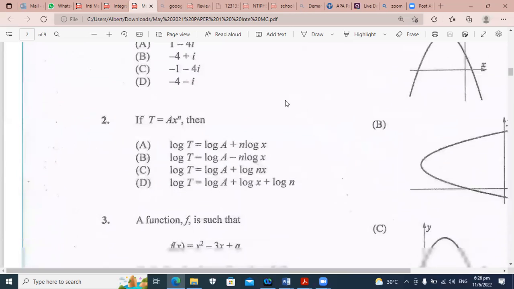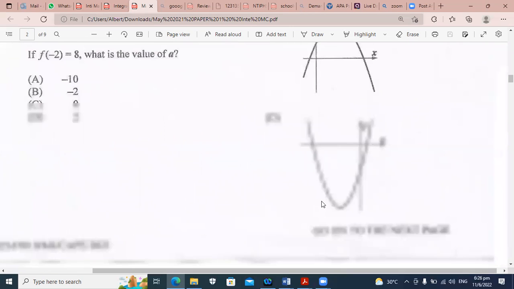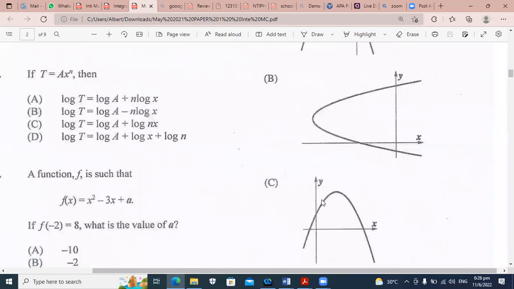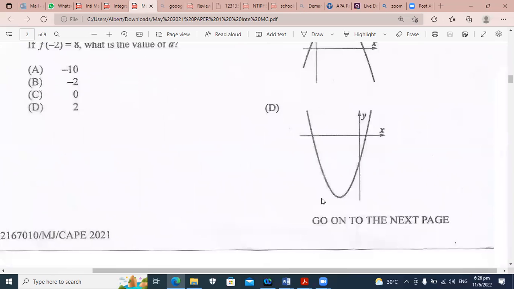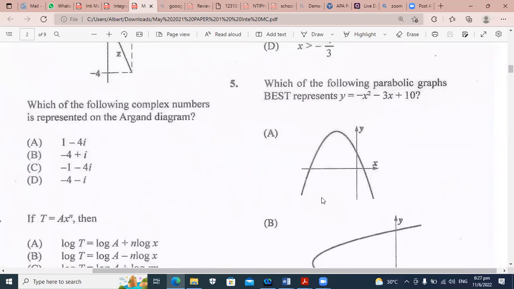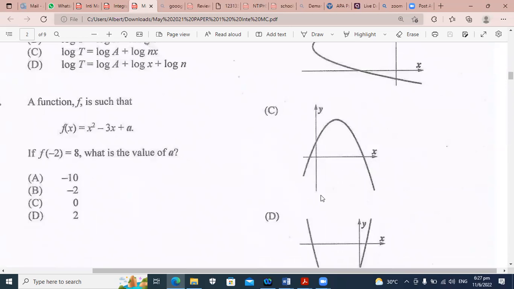That means, would you agree with me that B and D are out? Look at B and look at D. They'll be out, don't you think? Yes, sir. So therefore, it has to be either A or C.